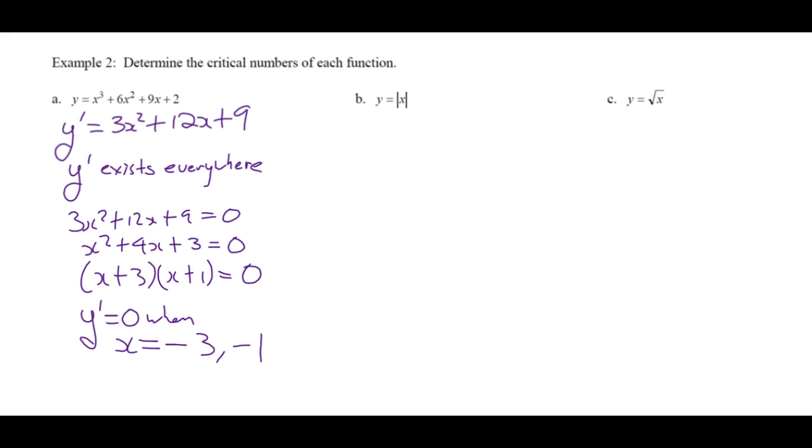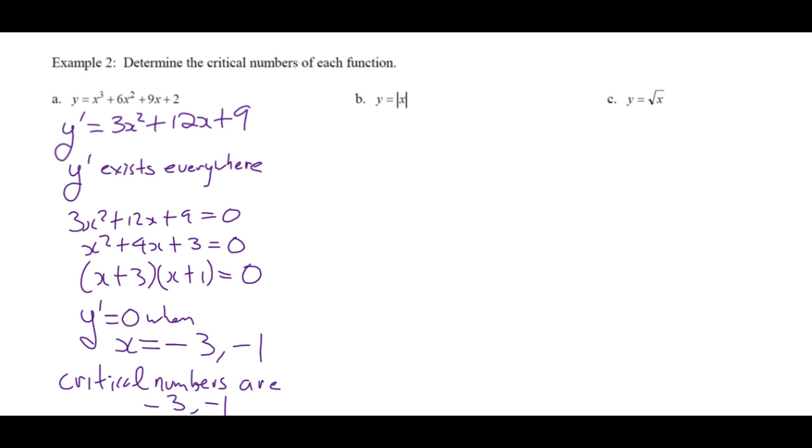So our critical numbers are -3 and -1. Critical numbers are where the derivative is 0 or where it does not exist. We don't have a problem here. It's a polynomial function. It exists everywhere, so we're just looking for the zeros.